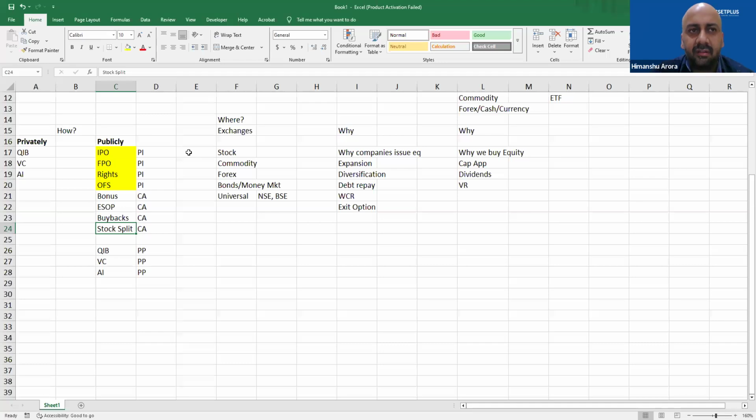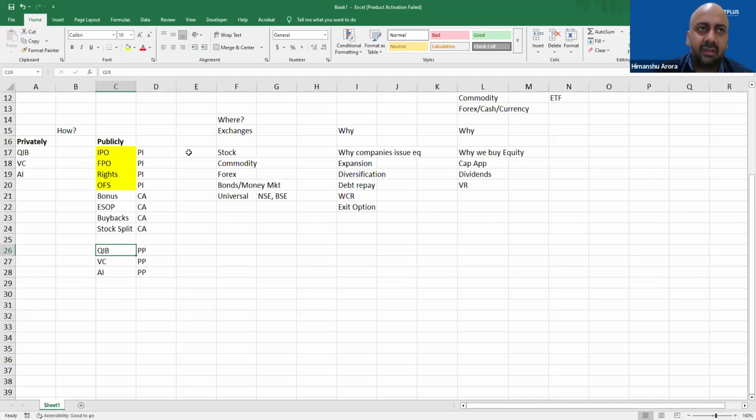In stock split, for example, if the stock price has become too high for people to participate and the liquidity is drying up, the company goes for a stock split. So it reduces the face value of the company. What is face value? We are going to discuss in a while.